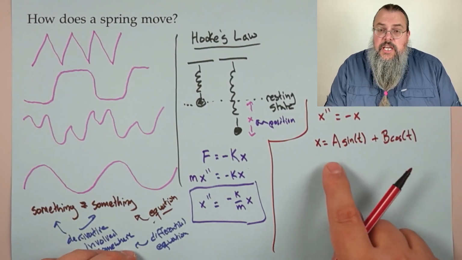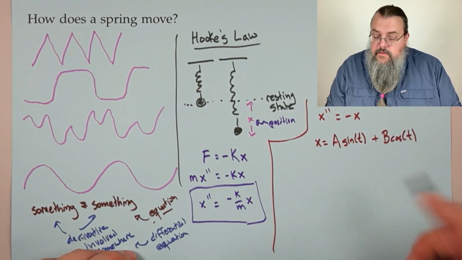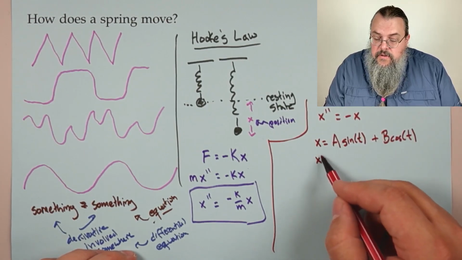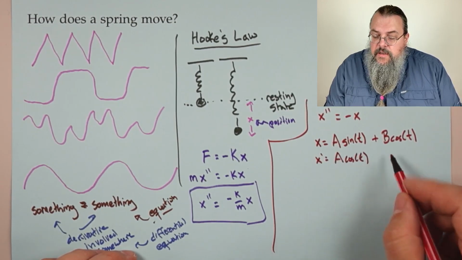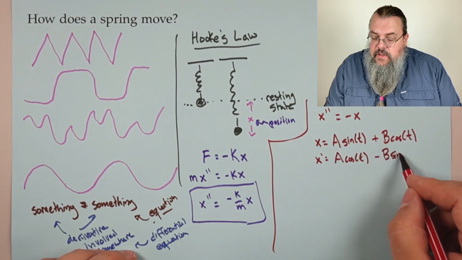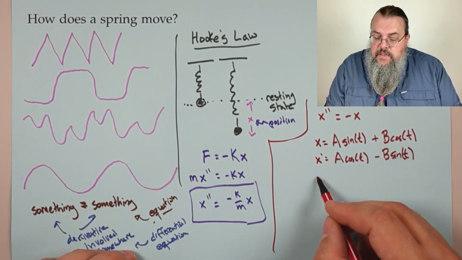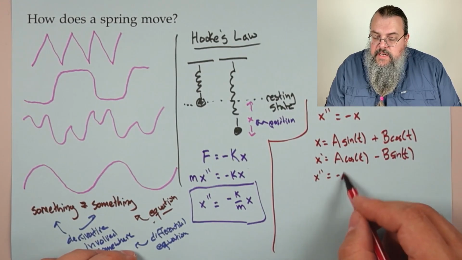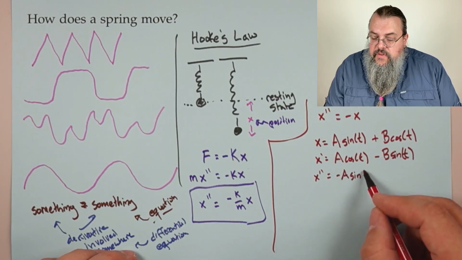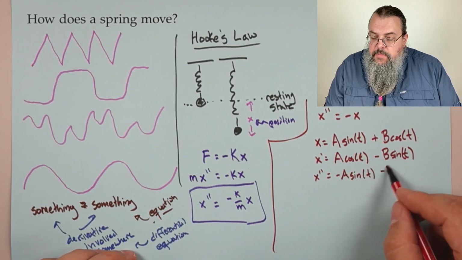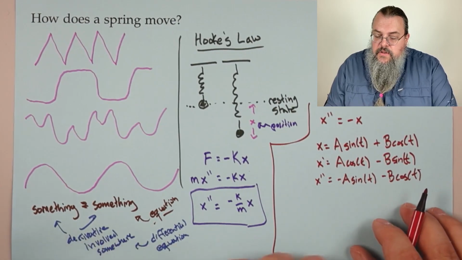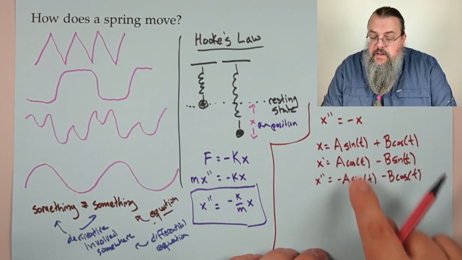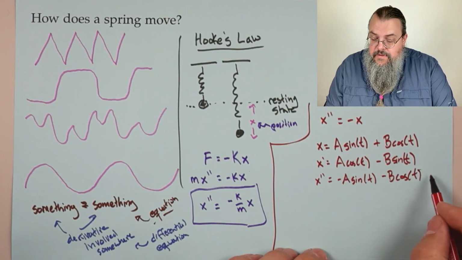So if you take this derivative twice, and we can do that, so the first time you get a cosine t minus b sine t, and the second derivative would be minus a sine of t minus b cosine of t. And lo and behold, what do you see? Well, it's the negative of x.